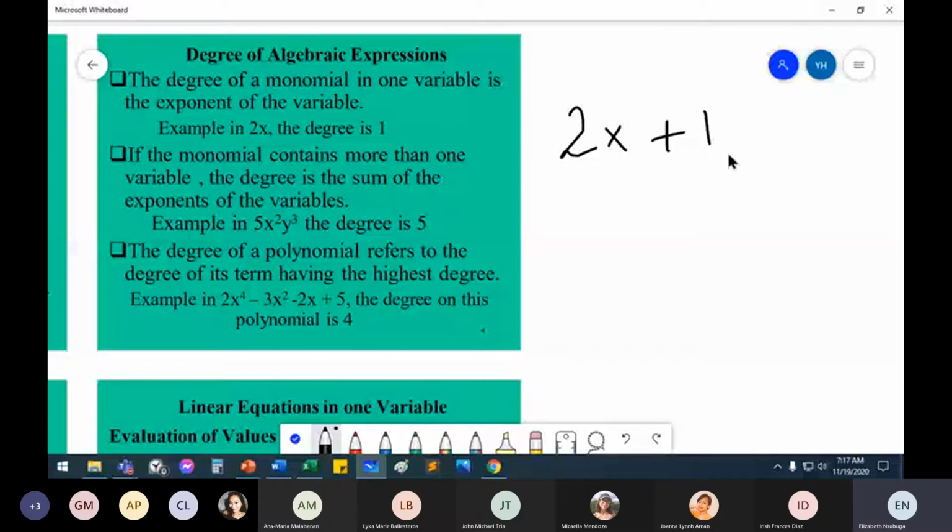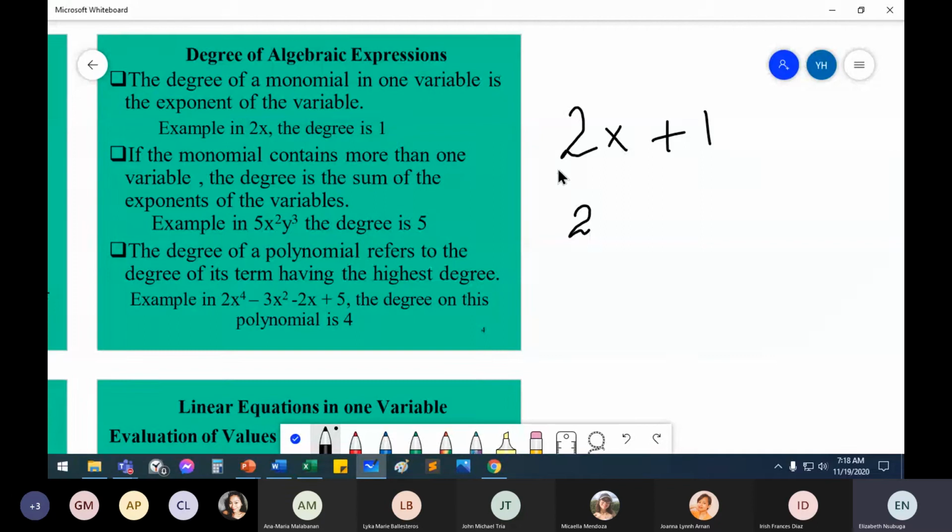When they ask for the degree, they are referring to the variable part. Any expression which doesn't have any variable is referred to as a 0 degree expression, because there is no literal part. The degree is always referring to the exponent on the variable part. So this one is referred to as a first degree expression.